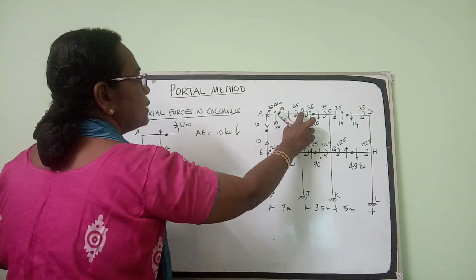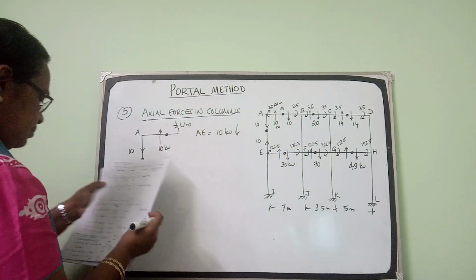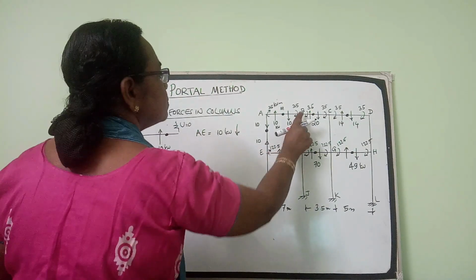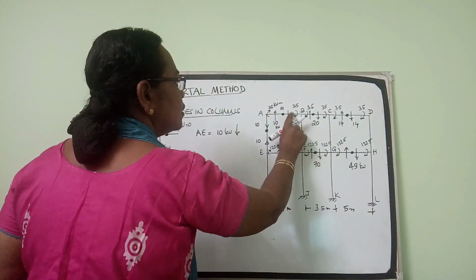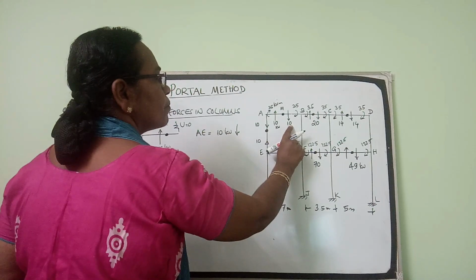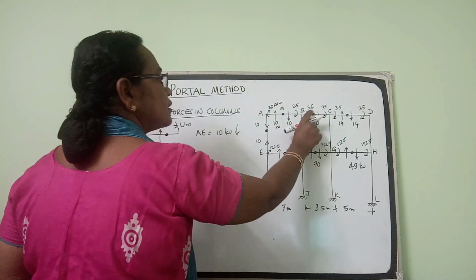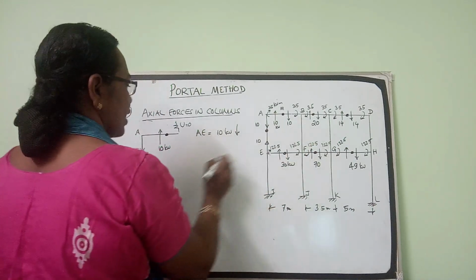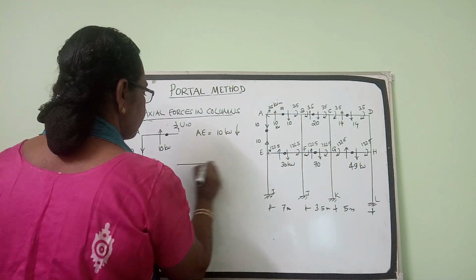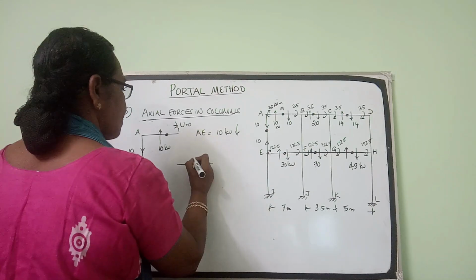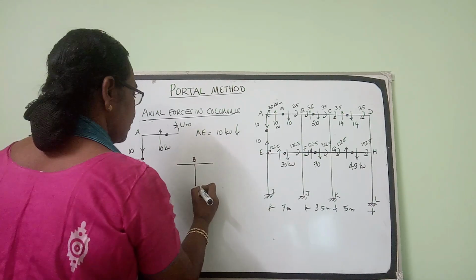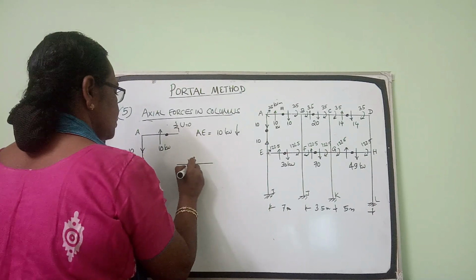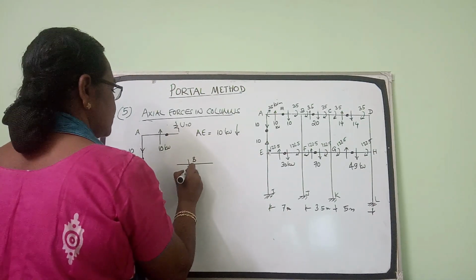Now coming to joint B. There is 10 kilonewton acting downwards here, 20 kilonewton acting upwards here. What should be the axial force in this column? Coming to joint B, column BF. On the left side, the shear force in this beam is 10 downwards.